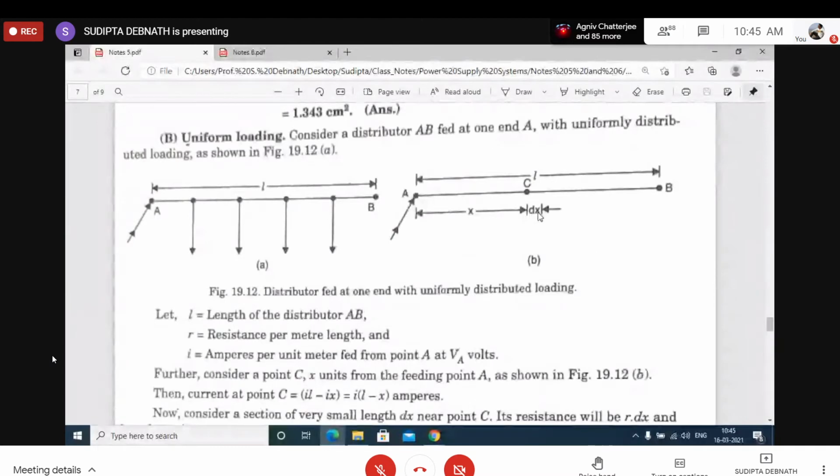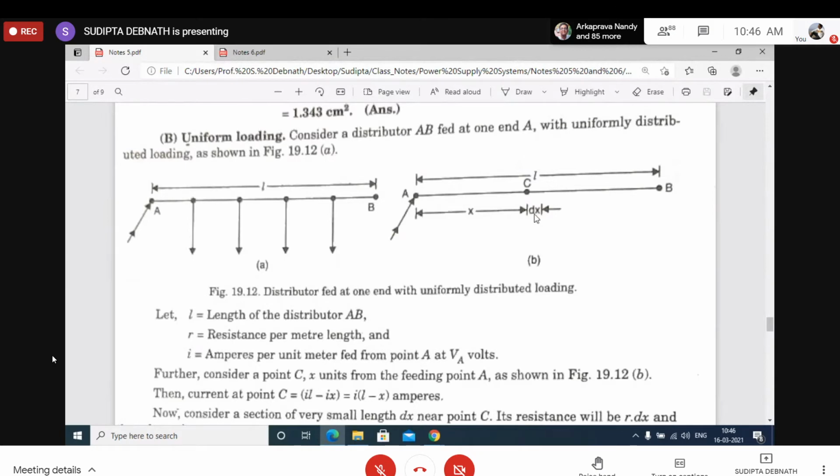Resistance in this small section is r dx, and as this section is very small, the current at the entering point and the end point is the same. Though there is loading and some current is going out, we have considered a small section, so we'll consider the current to be the same. The current in this section, at this point, is iL minus ix. So we have to consider that current, iL minus ix.